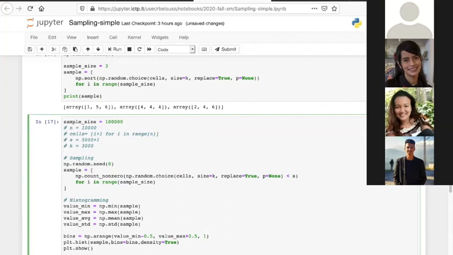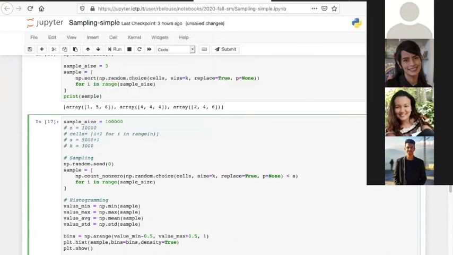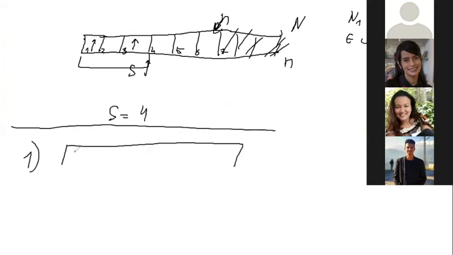And the homework will be, so I want you, in the first, let me share the whiteboard back. So in the first homework, exercise 1, you have this system of N cells, with the cell S, and upwards this is subsystem Roman number 2, and this is subsystem Roman number 1.